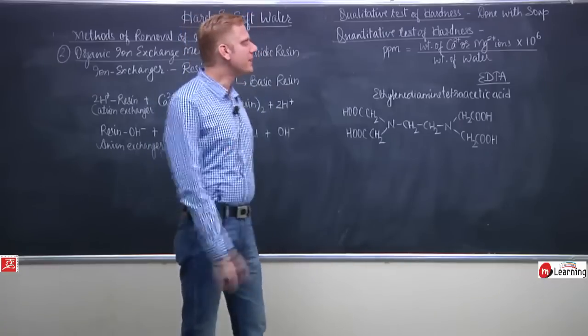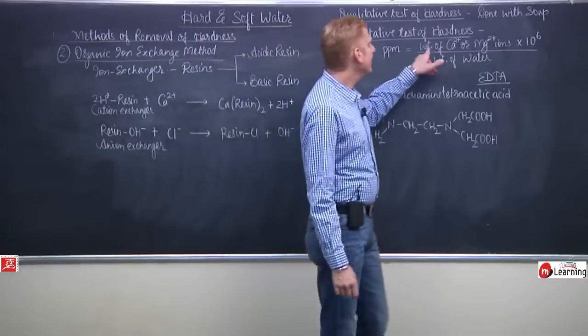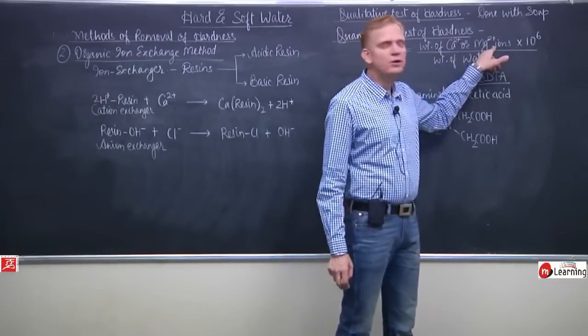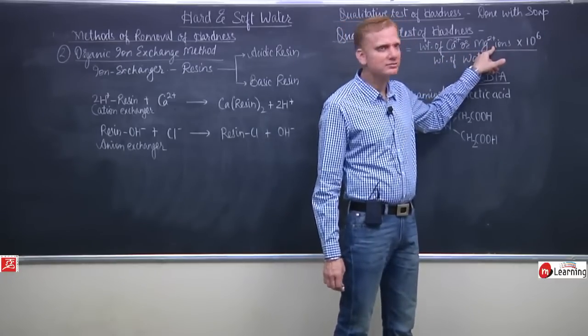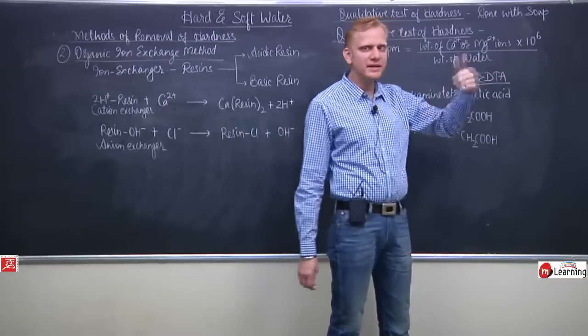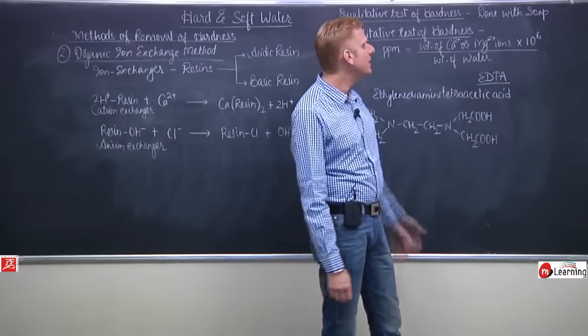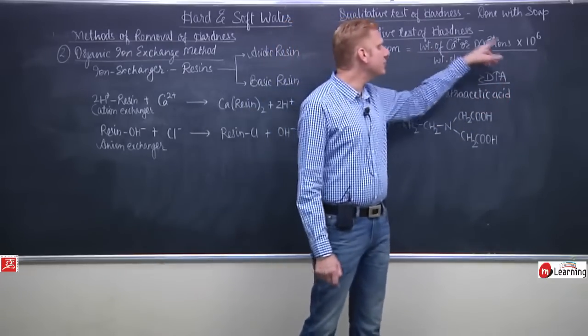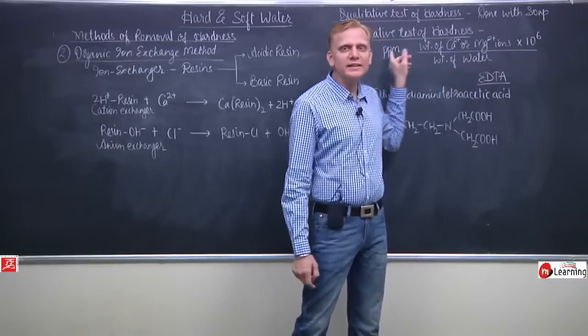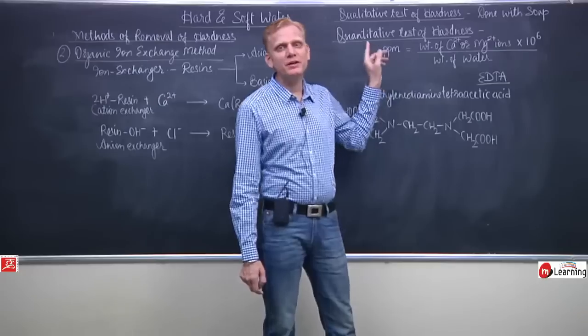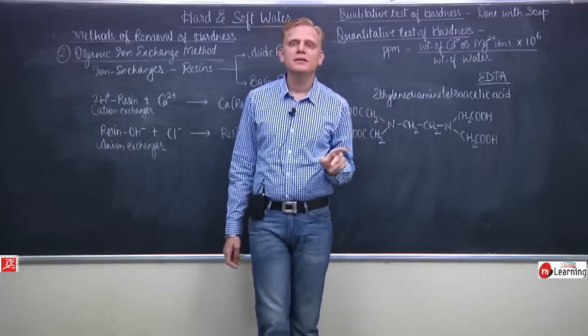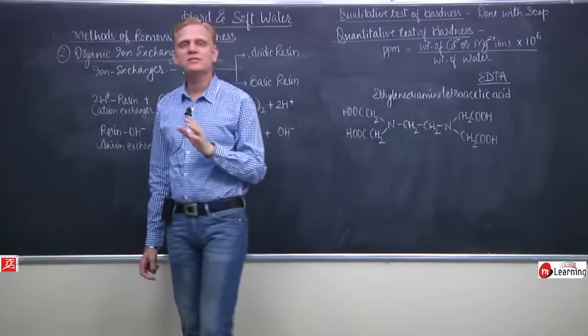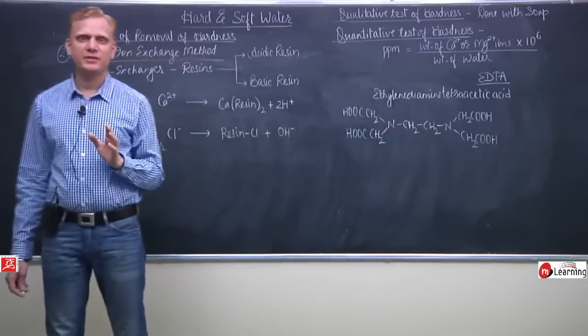Taking the mass of that precipitate, that mass can be converted into the mass of calcium or magnesium ions in that complex. Placing the values over here, you can quantitatively determine the parts per million concentration of hardness causing agent in water.